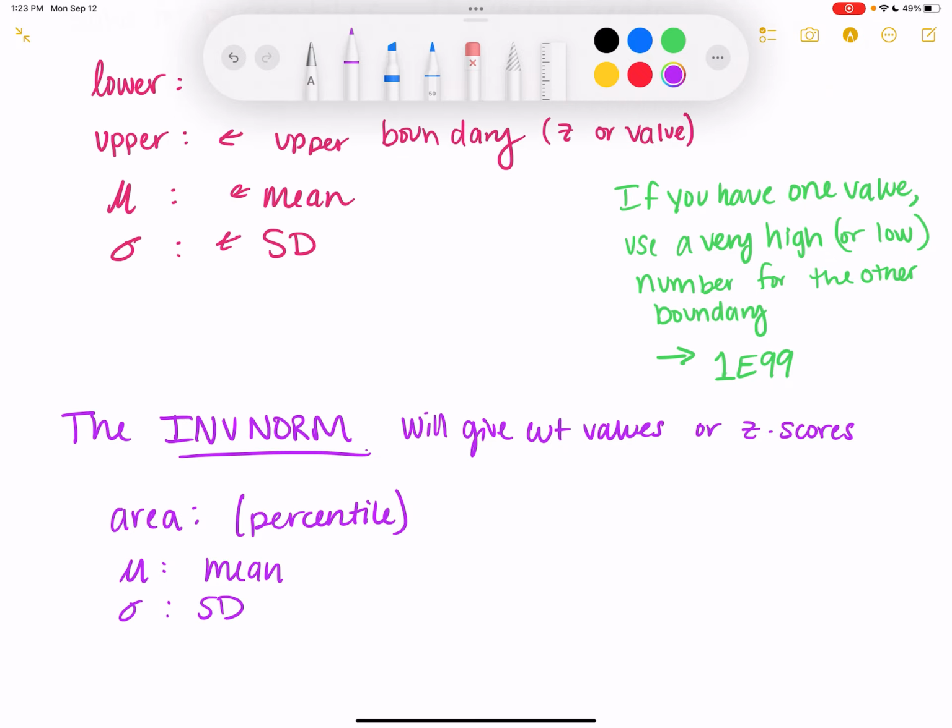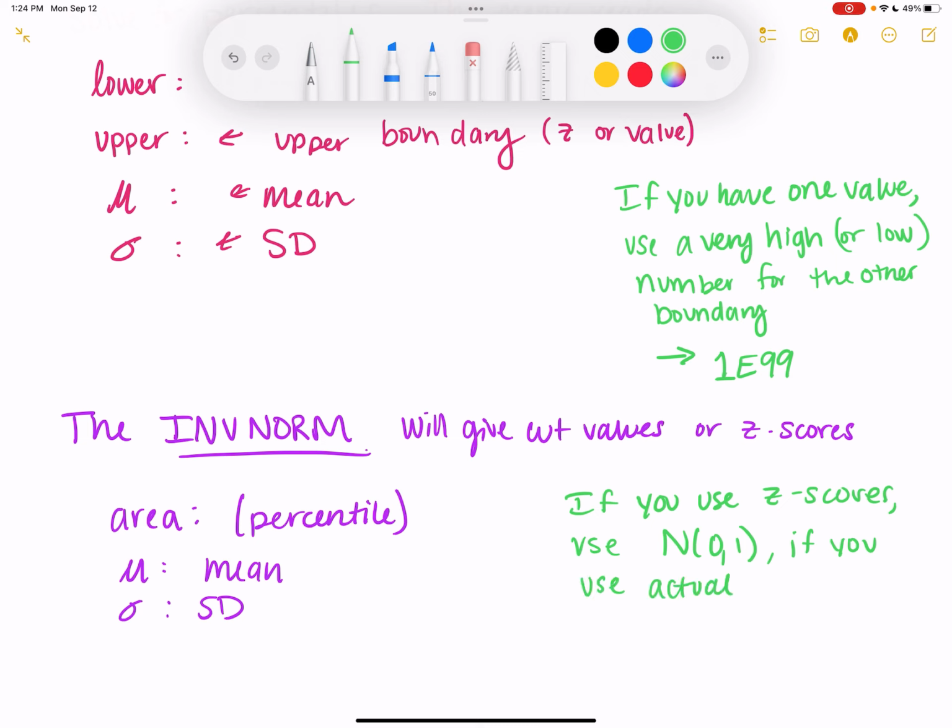But if you're using z-scores, or well, here, let me do this in a different color. If you use z-scores, use n for 0 and 1, so have the mean be 0 and standard deviation be 1. But if you use actual data, okay, and it depends on what the problem gives you.